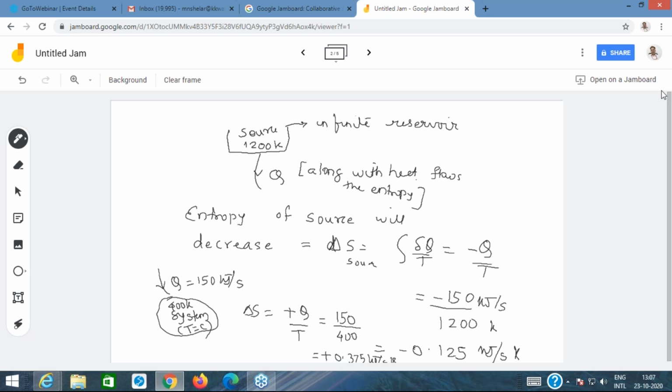What would be the total entropy change? Just add the two, nothing else.